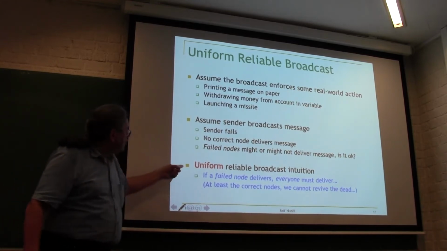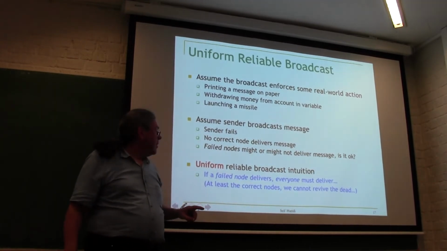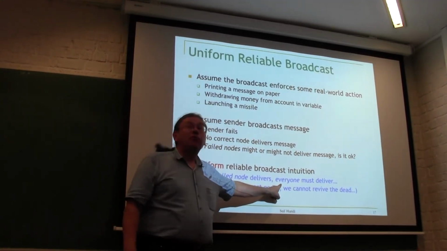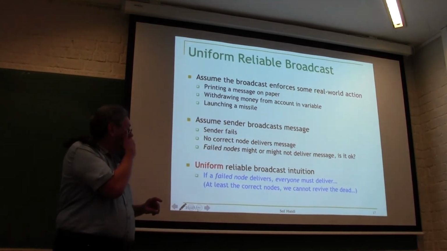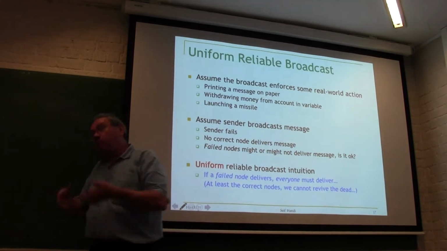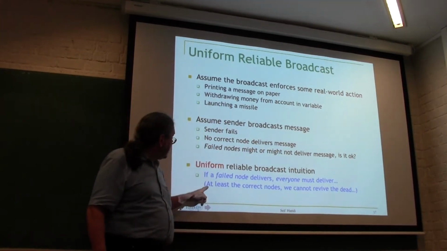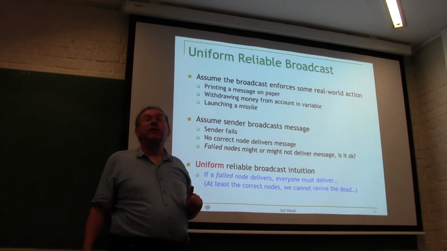So the uniform property: if a failed node delivers, then all the correct nodes deliver. It might be that there are other failed nodes, and maybe they failed before we can do anything. So you can't really make everybody deliver, but you can make all the correct nodes deliver.